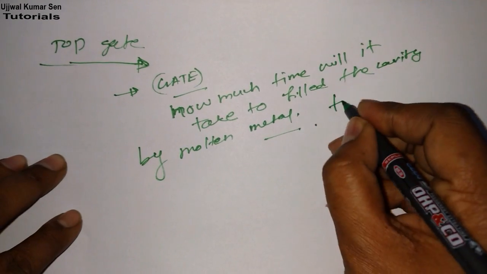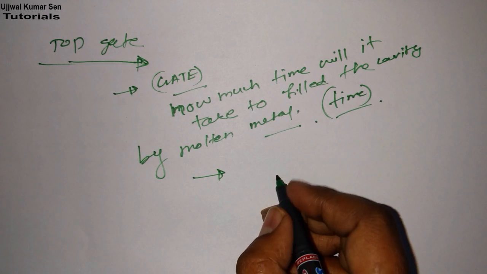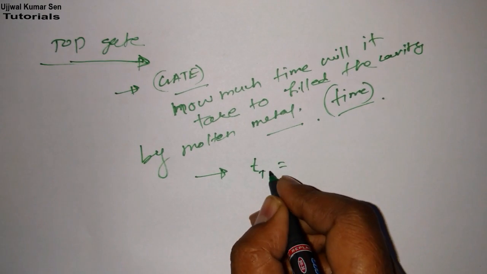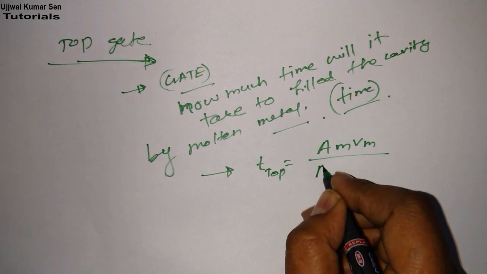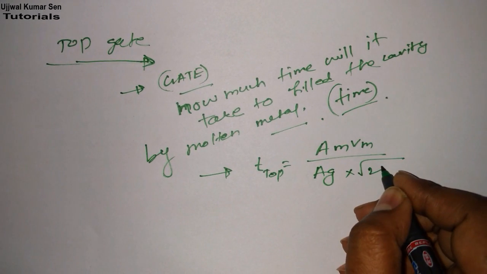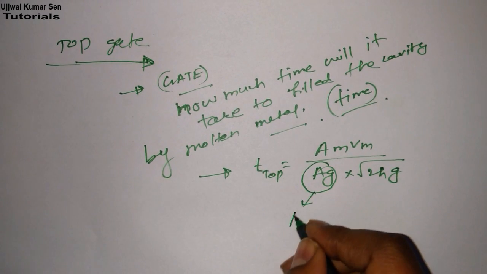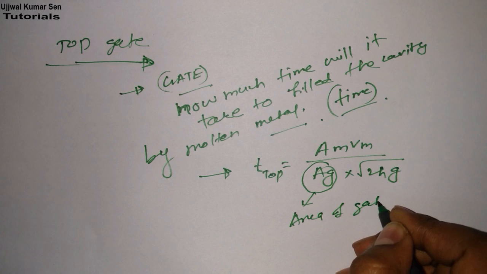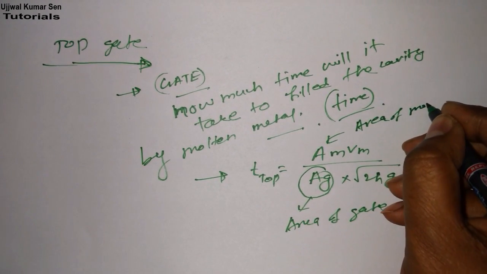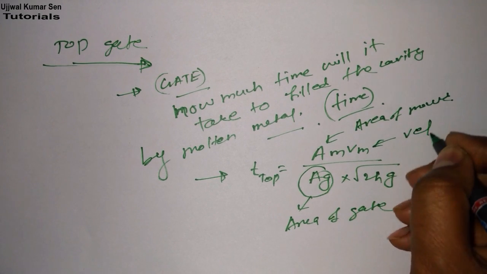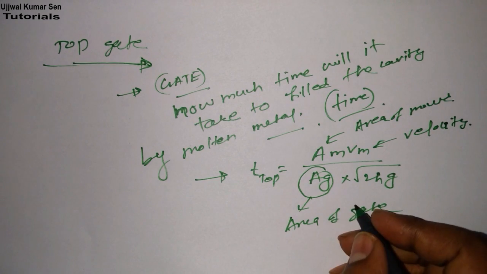Most of the time they're asking about time, and for this I have a formula: T is equal to, for top gate, AM VM divided by AG root 2GH. Here AG is the area of gate, AM is the area of mold or cavity.